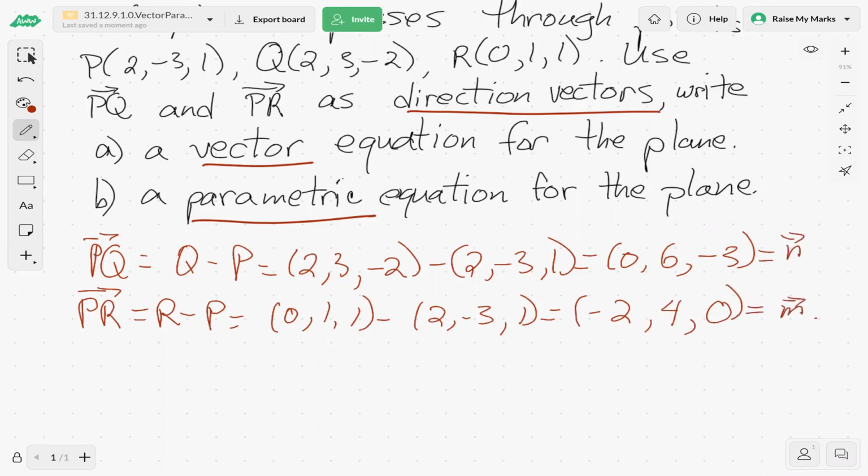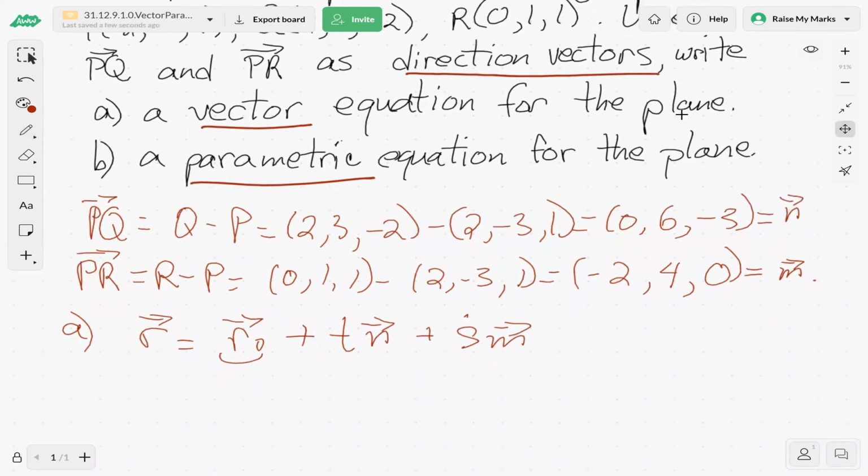Okay, so part A, a vector equation for the plane. We need to fill in this equation. Well, we can pick any one of our 3 points as our point on the plane.